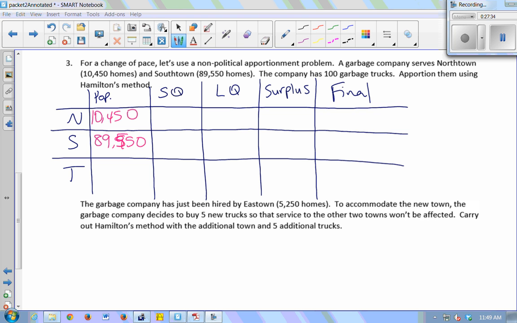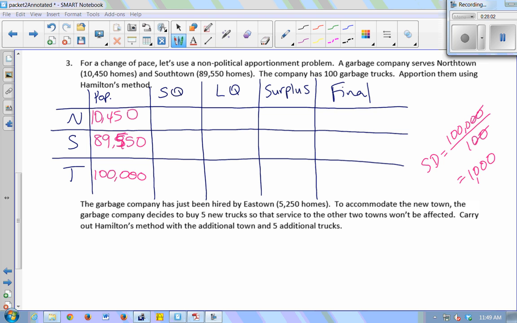Thank you. And when I add them together, 100,000. Good. All right, so my standard divisor is always your total population divided by the number of things you're apportioning, which in this case is 100 trucks. So that comes out to 1,000.